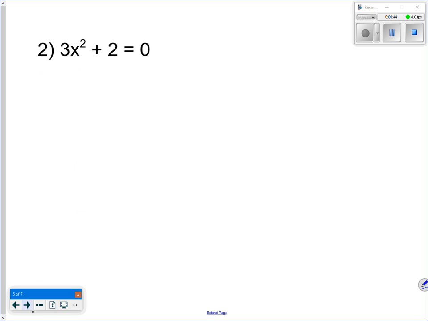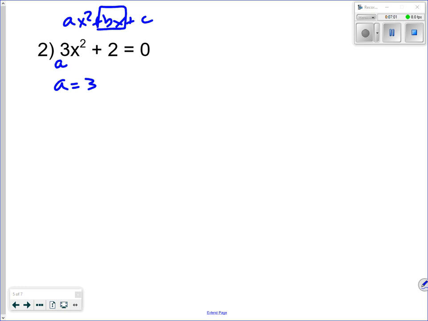Number 2, 3x squared plus 2. Now be super careful here. ax squared plus bx plus c. That's normal. Your a term is 3. Do you have a bx term? We do not. Your b number is 0. And your c number is the plain number with no x next to it. So your c number is 2.